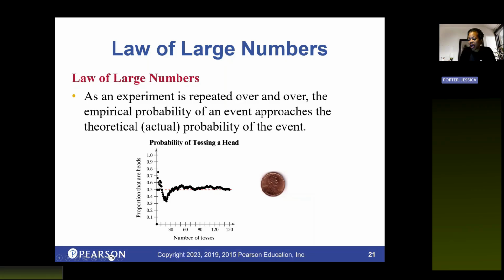But as I increase the number of tosses, I'm getting closer and closer to the 0.5, which is my classical probability. So you get closer and closer to that theoretical or classical probability, the more events you have as an experiment is repeated.